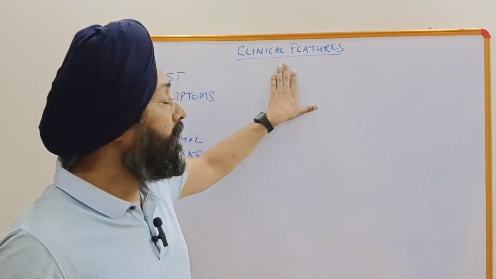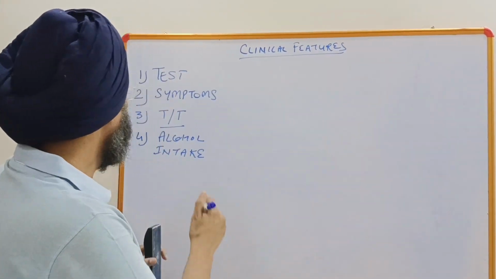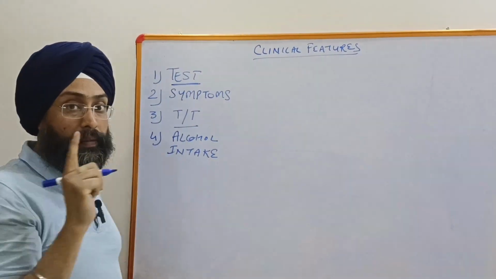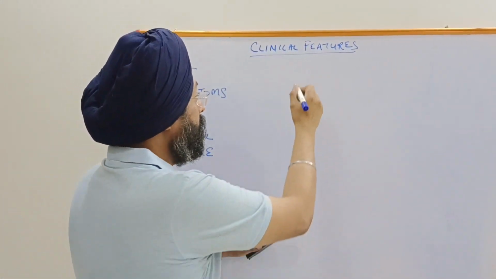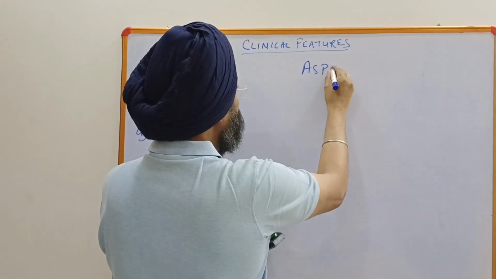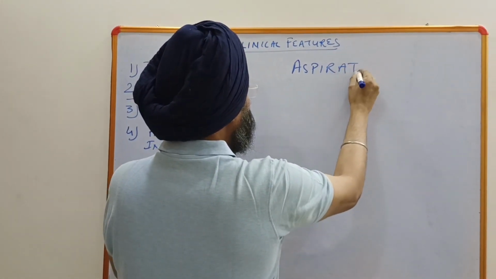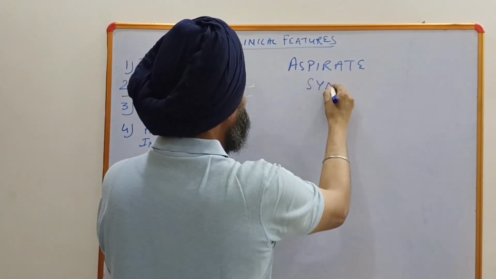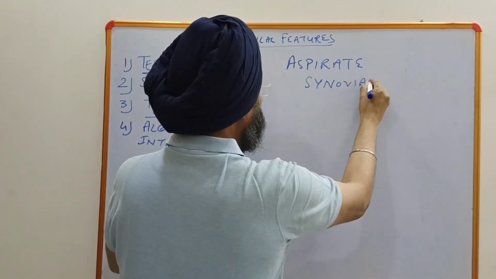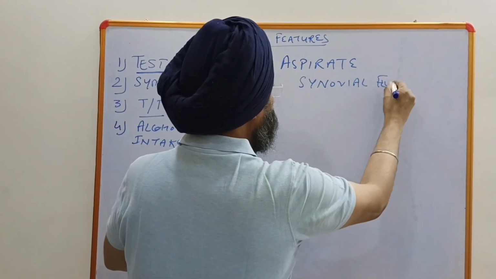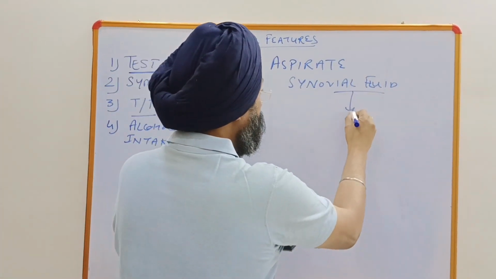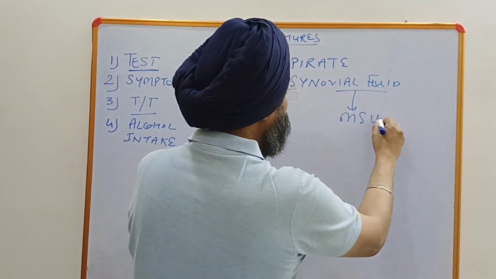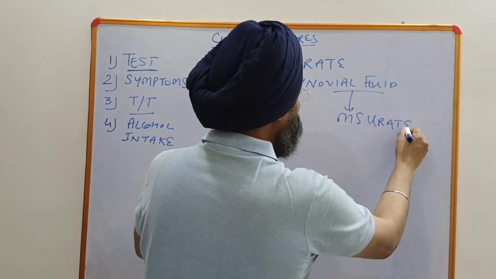Now we'll start with clinical features of the gout. First of all, the confirmatory test, right? The most confirmatory test is you have to aspirate synovial fluid, right? This fluid will contain monosodium urate crystals.